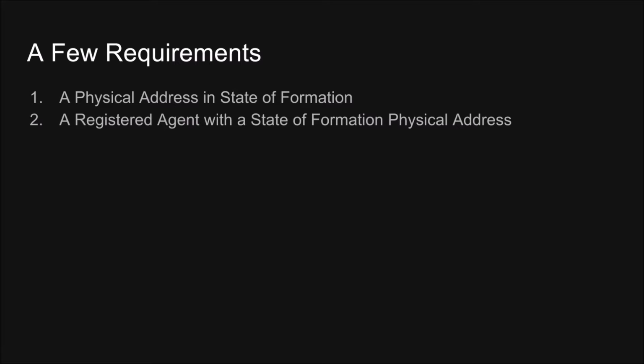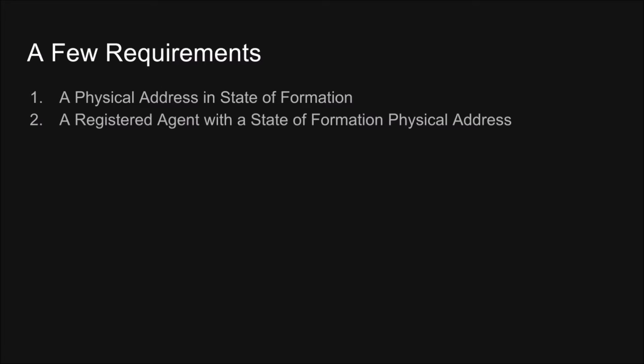Another way is to get a virtual office. This usually costs roughly around $50 per month, and that'll give you an address in the state of Wyoming for your business. The third way, and the way that I did it, was to get a UPS mailbox that acts as a physical address. Okay, so that's not like a PO box.